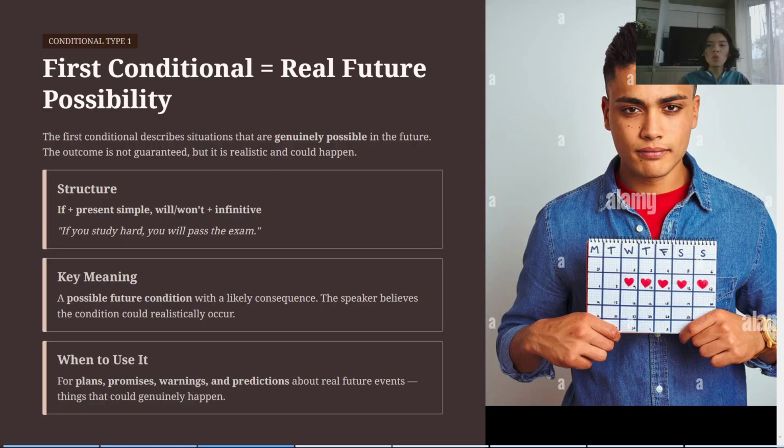In this sentence, studying hard is a realistic condition, and passing the exam is the possible result. We use the first conditional for things like plans, promises, warnings, and predictions about the future. So the main idea is real possibility in the future.